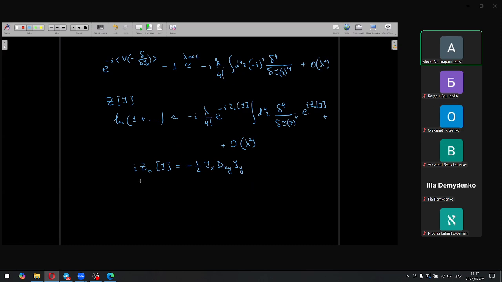Okay, to make it explicit, let's do it in a step-by-step manner. Delta J to the fourth power on exponent of minus 1/2 Jx Dxy Jy.